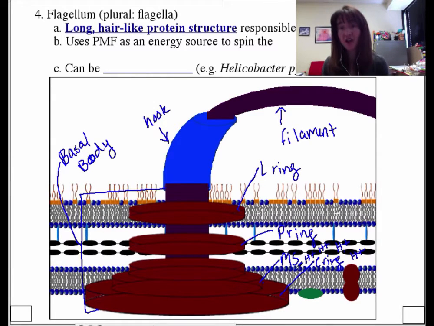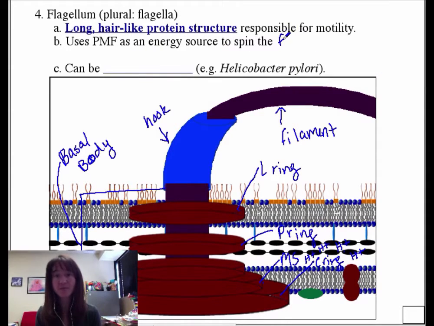And it's the hydrogen ion gradient swooshing in through proteins that span the membrane that actually gives rise to the rotation of the flagellum. So as those protons rush in, you get either the clockwise or counterclockwise motion of the flagellum. So we might collectively say then that the PMF is the energy source that's used to spin the flagella, in either a clockwise or a counterclockwise motion.